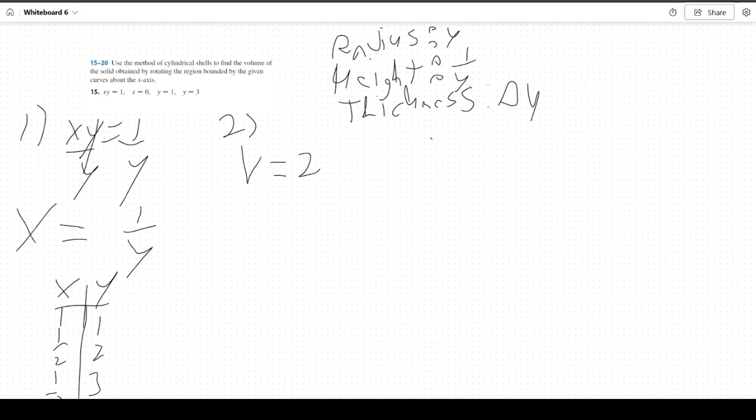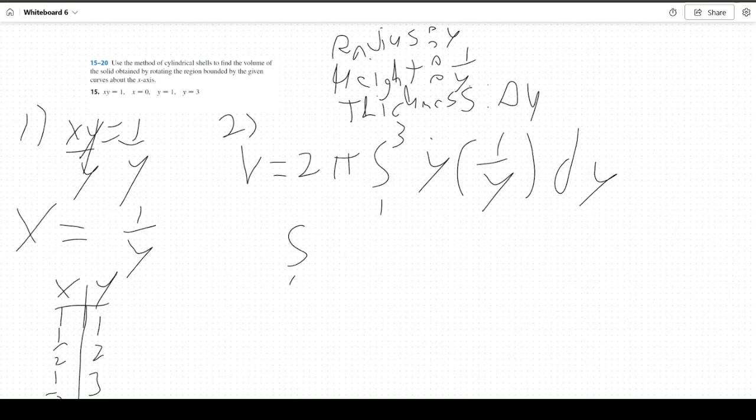And let's put in our equation, V equals 2 pi integral from 1 to 3, because y equals 1, y equals 3, and this is in terms of y. And our radius is y times the height, 1 over y, dy. So y times 1 over y is going to be 1. And when we integrate that, that will be y.